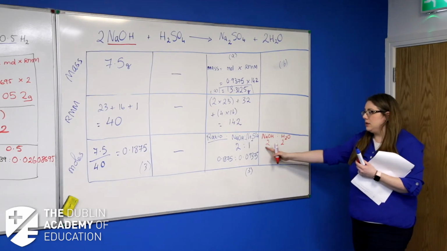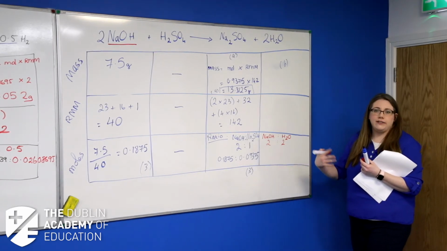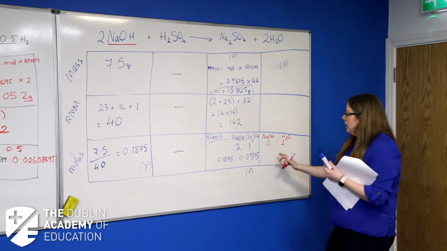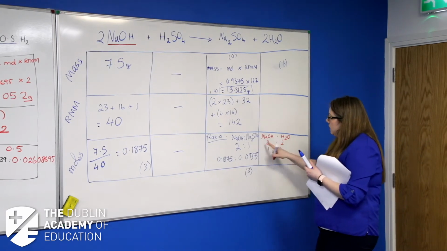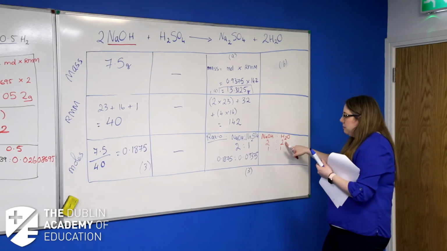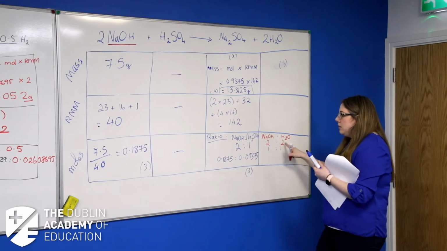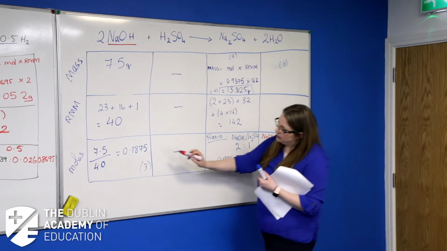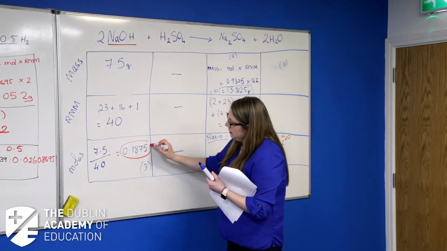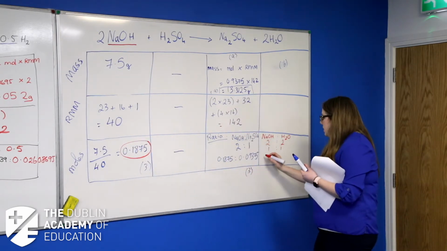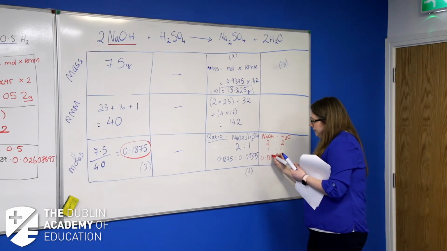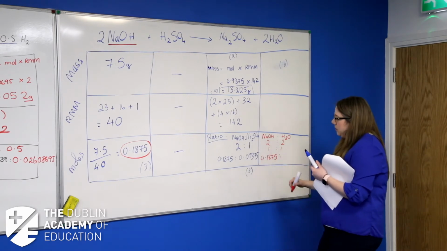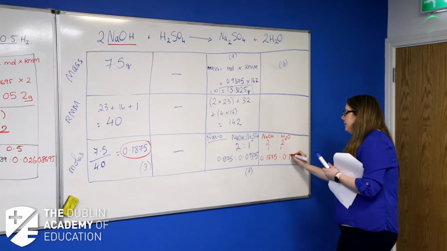Now in maths, you know 2:2 is the same as 1:1. 5:5 is the same as 1:1. If you have 2 moles of sodium hydroxide, it makes 2 moles of water. So the number of moles is the same. So if we look at this, that's how many moles of sodium hydroxide it had. The number of moles of water is going to be the same as that.